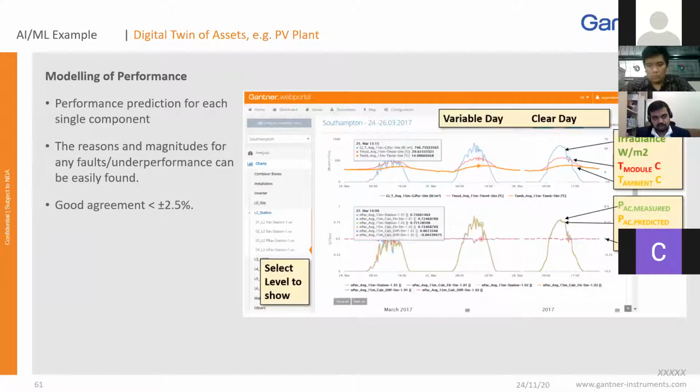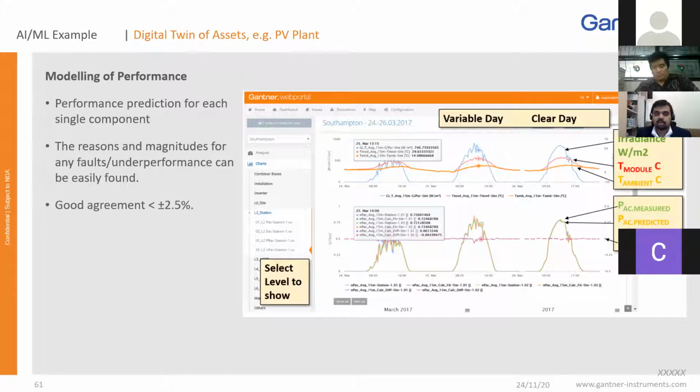And moving forward to the digital twin of assets, here I have taken a photovoltaic plant as an example, in terms of the variables of the day and a clear day, how the performance prediction of each single component, and what are the reasons and magnitudes for any faults and underperformances, can be easily found in this particular application. And this is what we can get into the suggestions level or the predictions or the performance levels.